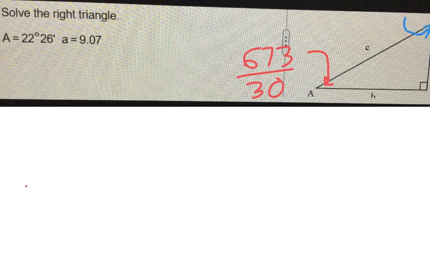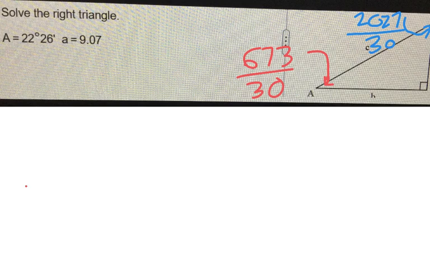and so now I can find the other angle B, because I know angle A, B, and C have to add up to be 180. So you could do 180 minus 90 for angle C, minus 673 over 30 for B. And when I do that, I get 27 over 30. That's just pitiful. That's about 67.6 if you can round to the nearest tenth.